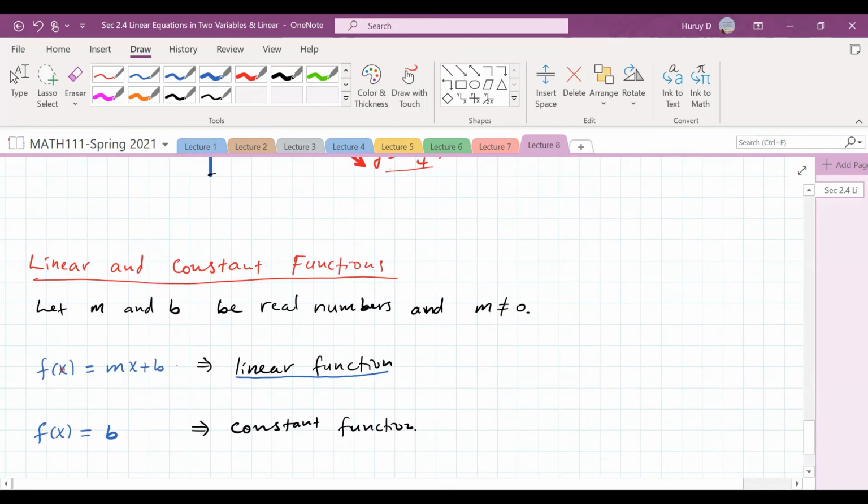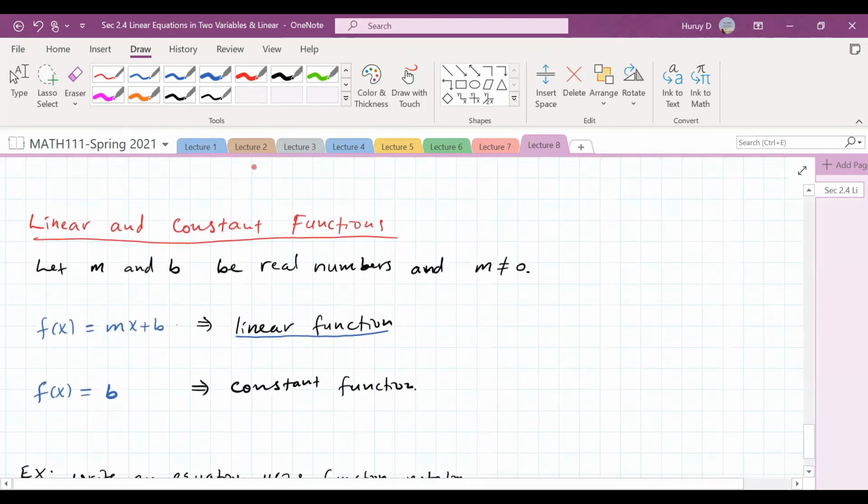That's the only difference here, because the slope-intercept form of y is mx plus b. Now I replace this by f of x equals mx plus b. So this is a linear function, okay? And if you have f of x equals b, this is called a constant function.